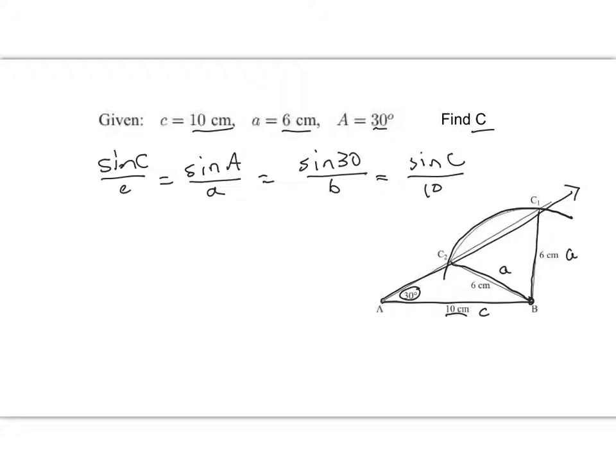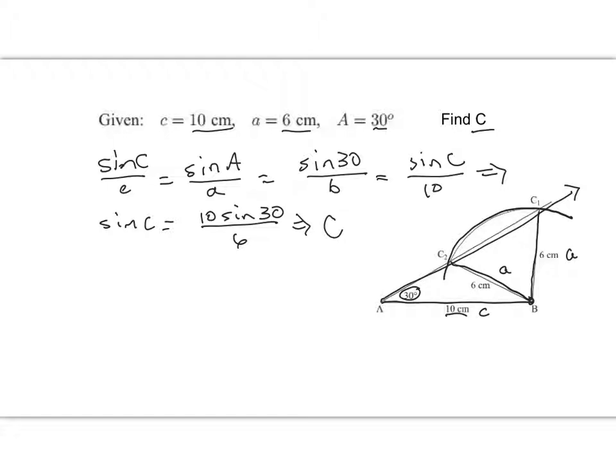That means that the sine of C equals 10 times the sine of 30 degrees divided by 6.